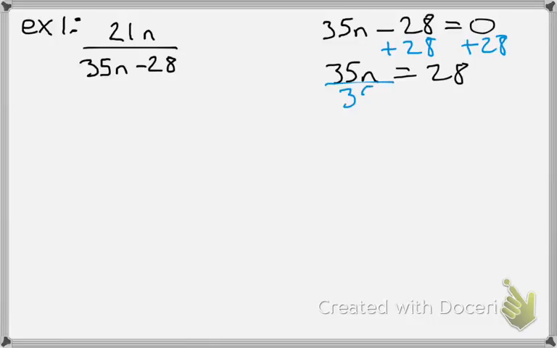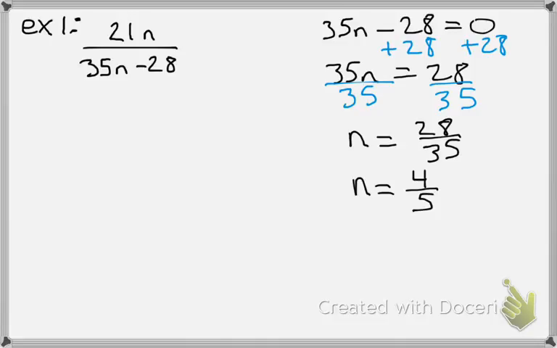So I'm going to divide both sides by 35, leaving me with an answer of n is equal to 28 over 35. We have to look to simplify that fraction. Both of those are divisible by 7, so I can simplify that fraction into 4/5. So I know my excluded value is that n is not allowed to equal 4/5.